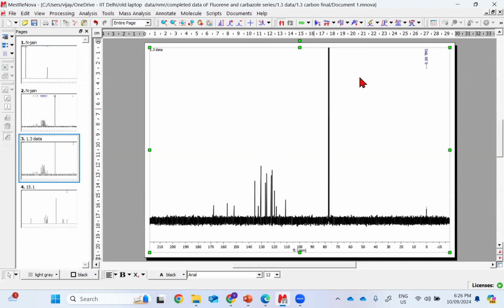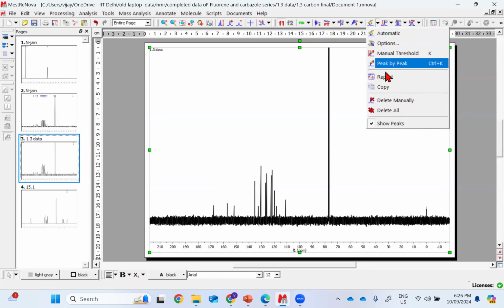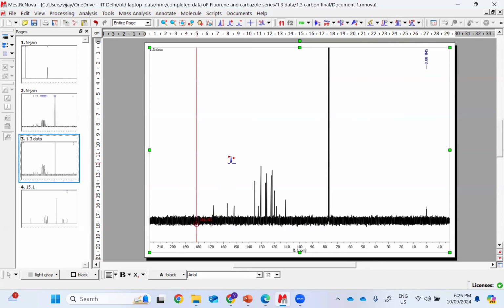So whatever the value here, I'll just do the peak picking. I will select the remaining peaks. So these are the peaks present here, right? In the carbon NMR, this delta value is with respect to the TMS. So that's why we use TMS as the standard in proton and 13C.